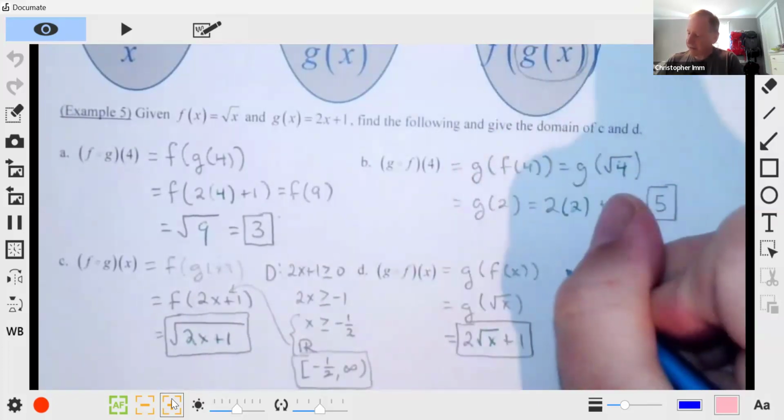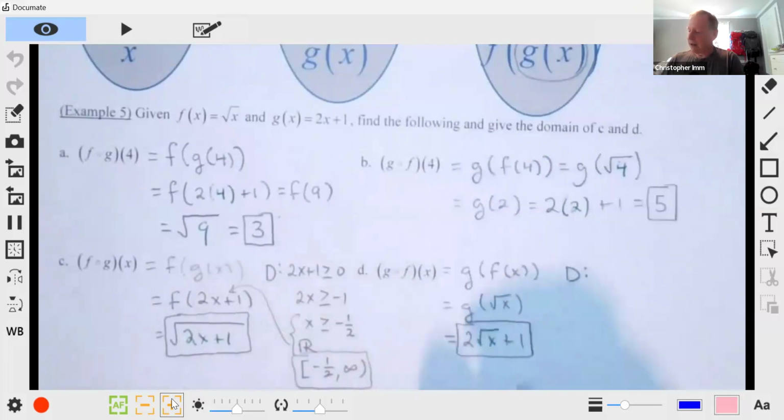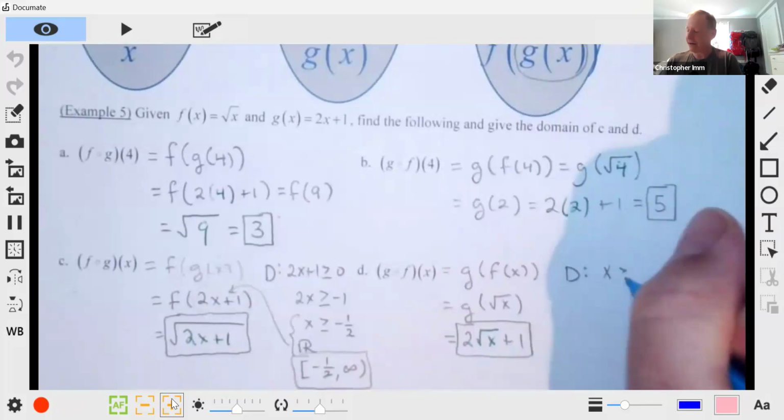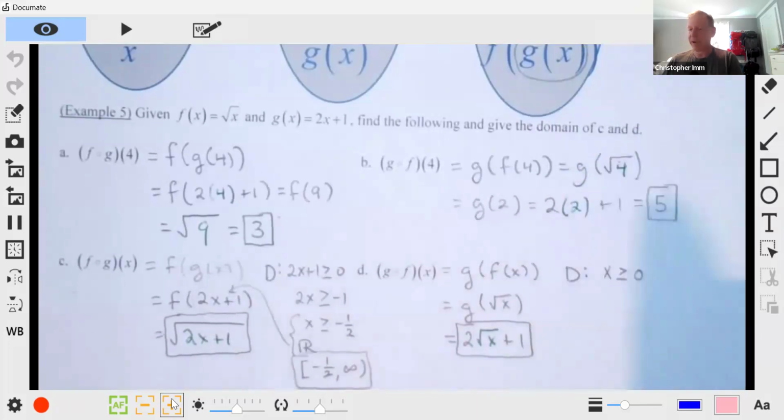When I'm trying to find the domain, I notice that my new function has a square root. It has to be positive or at least 0 in there. So x, what's under the square root, has to be greater than or equal to 0. But also, when I look at the inside function, I have to take the intersection with that.